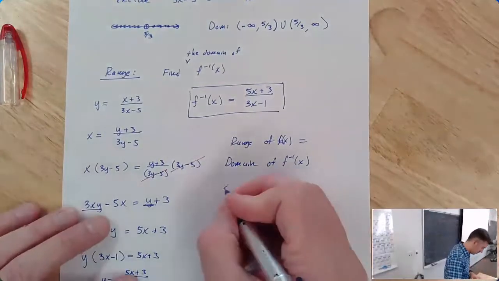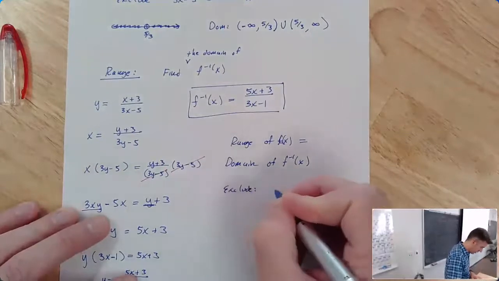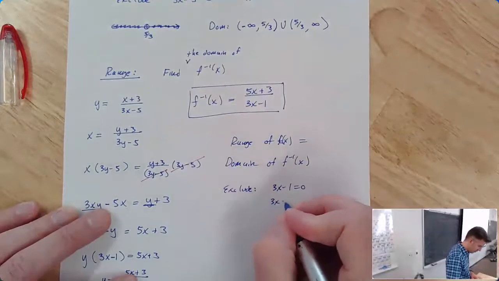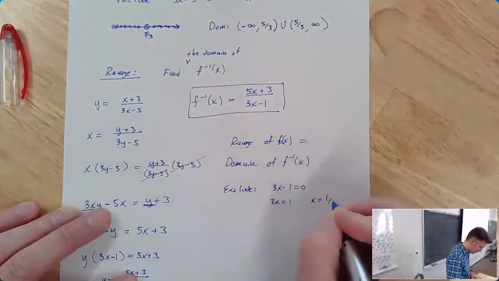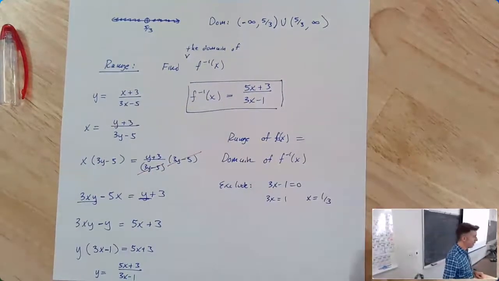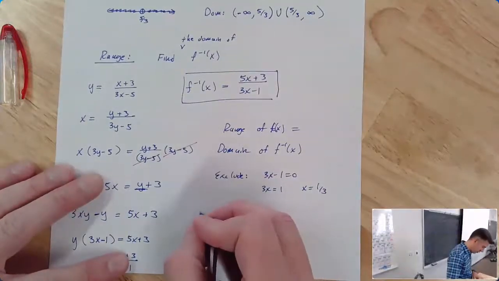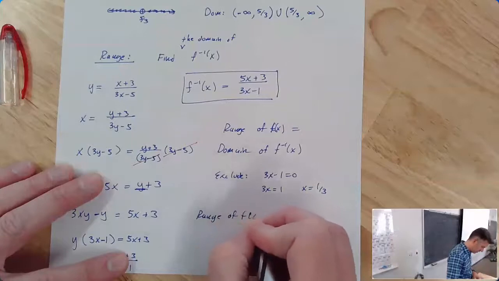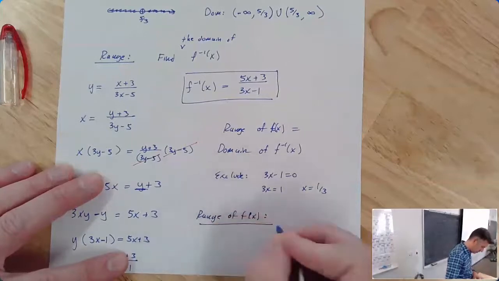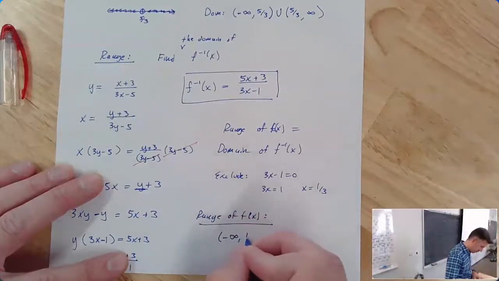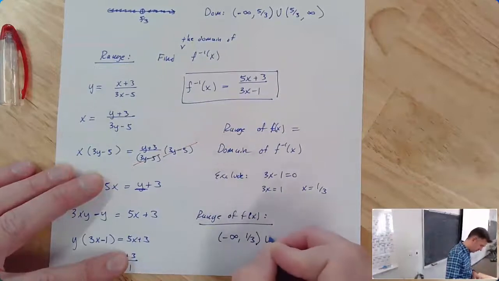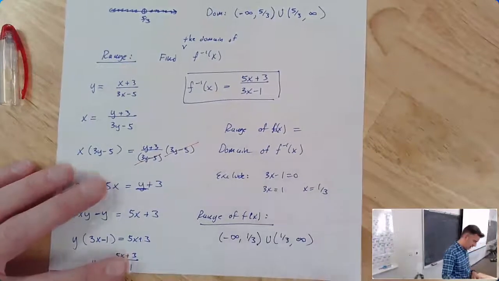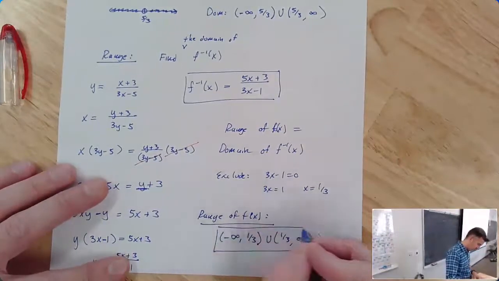So 3x - 1 = 0, which gives 3x = 1, so x = 1/3. We want everything but 1/3. So the range of f of x is negative infinity to 1/3 exclusive, union 1/3 exclusive to infinity. Everything except for 1/3.